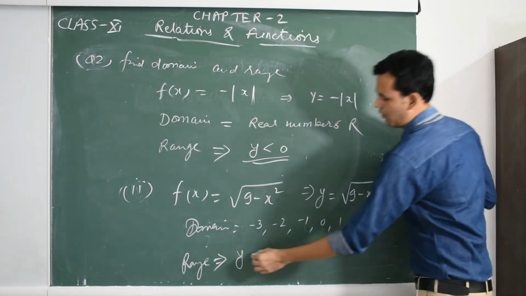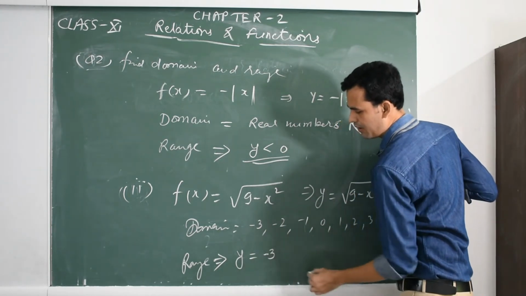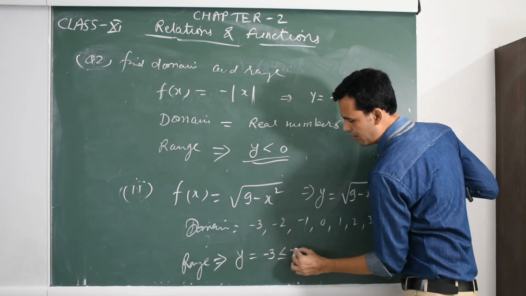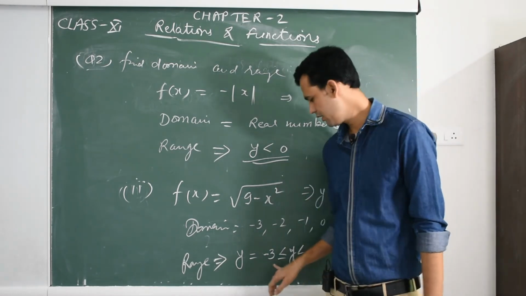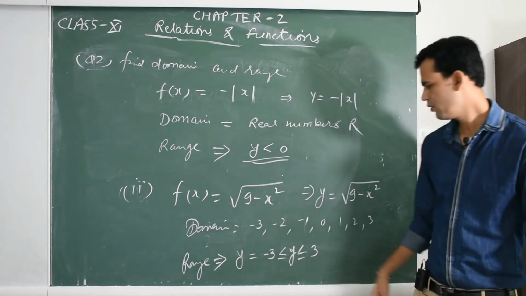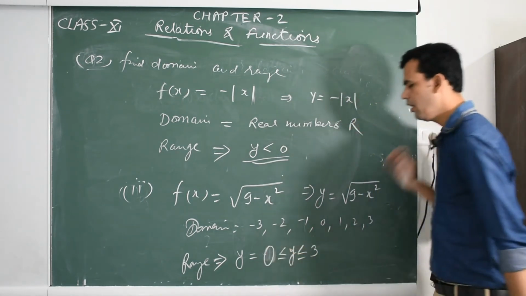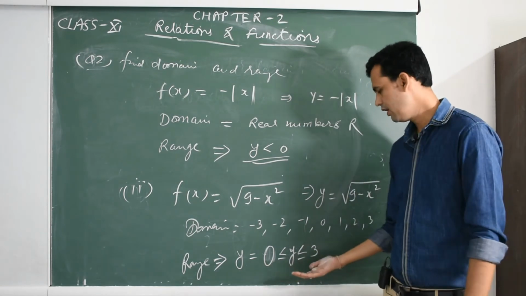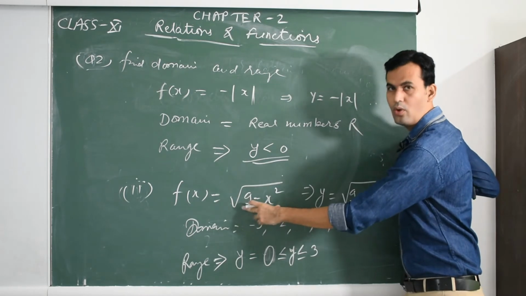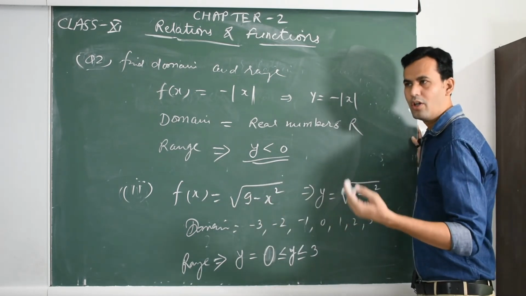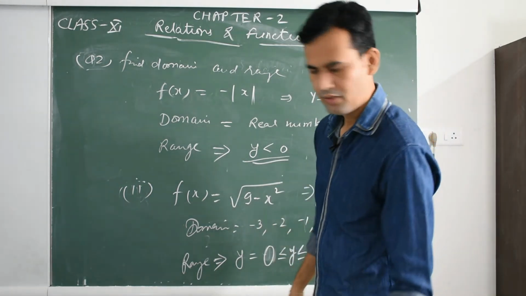Range is the values of y, which are greater than or equal to 0 and less than or equal to 3. Okay, because we get the values 0, 2 root 2, root 5 or 3 here. So these are the range of this function.